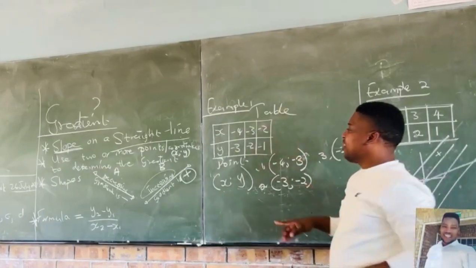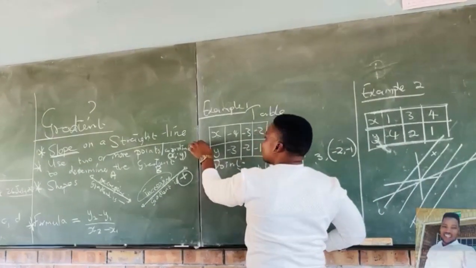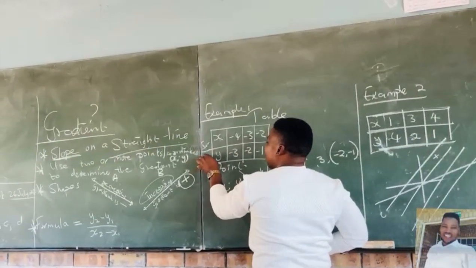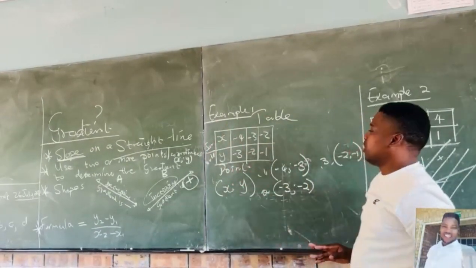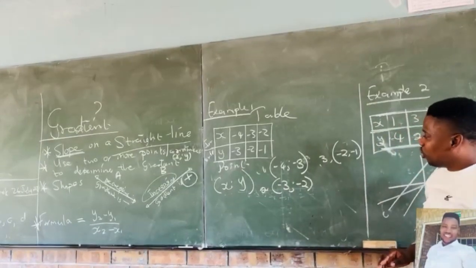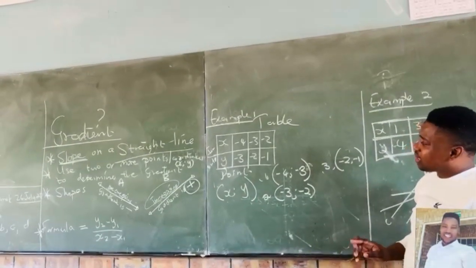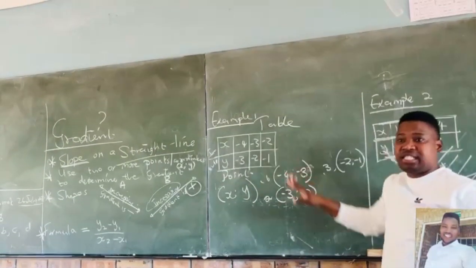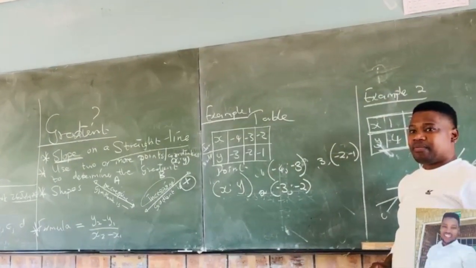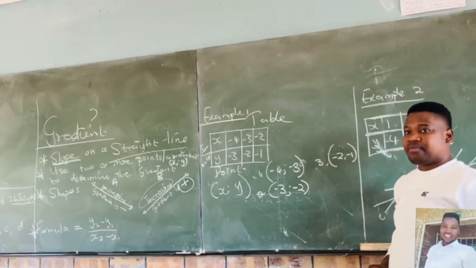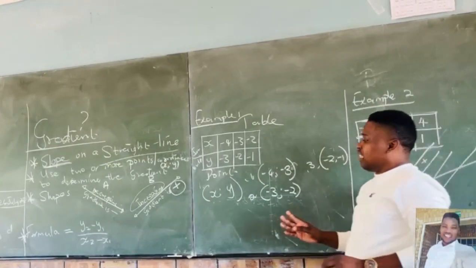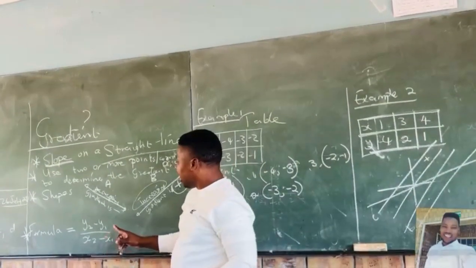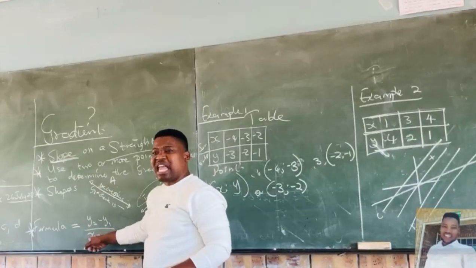Now going back to the previous topic, remember we were calling this one the input and this one the output. But we are no longer there. We are using the variables. Now my question was, can we find the gradient of these points? The answer is yes. Now, the question comes when we have to say we have y2 and y1 and x2 and x1.